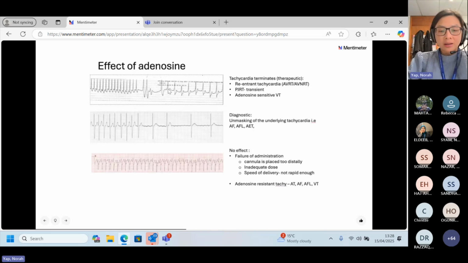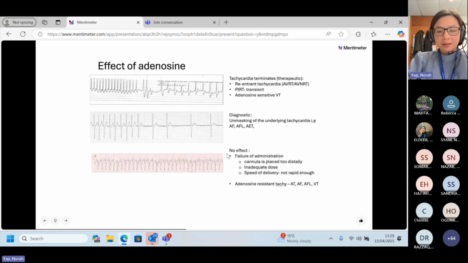So you know this is SVT due to a reentrant circuit, which is called AVRT. It can also be diagnostic if you give the adenosine and then start seeing flutter waves coming in. So you know you're dealing with atrial flutter, and giving more adenosine is not going to work, so we'll have to try something else.